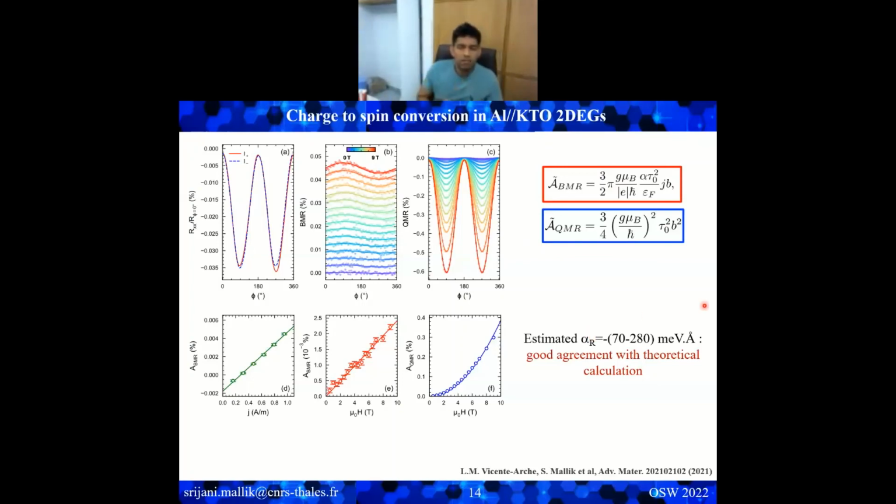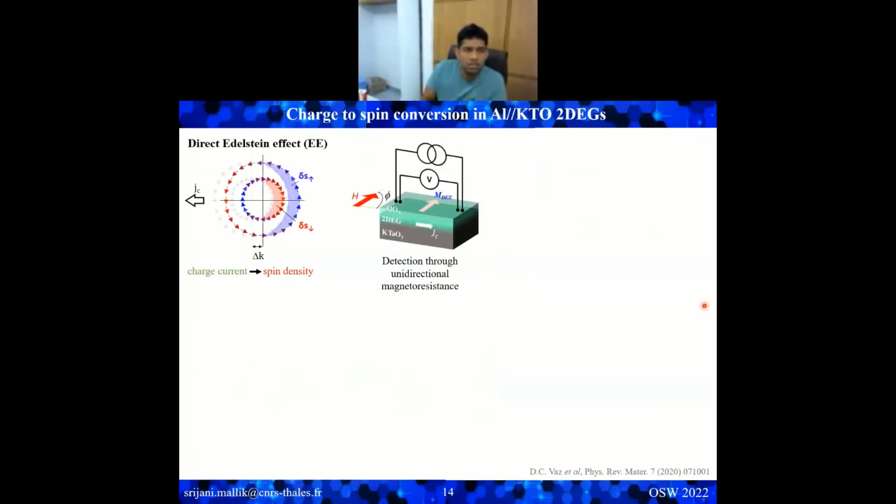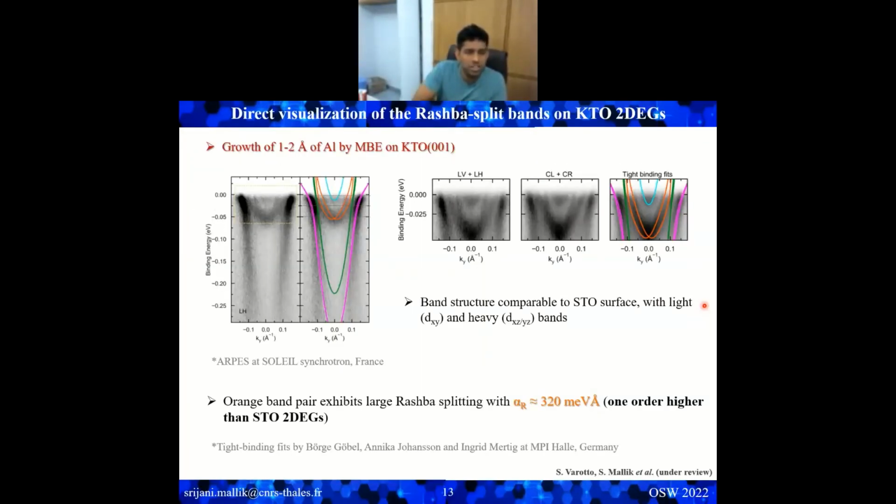Dr. Srijani, I have a question. Your aluminium STO interface, you told it shows a very high charge to spin conversion. Have you tried using it for some kind of magnetic switching? Like using that spin current to switch a magnet, a perpendicular magnet or an in plane one?